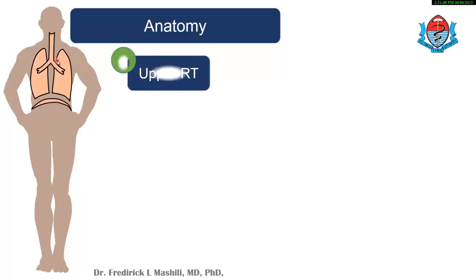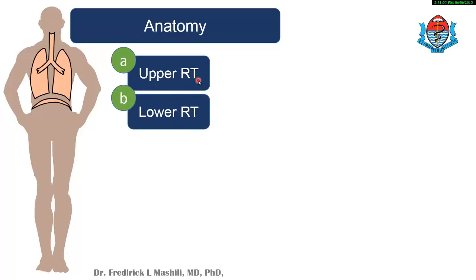Of particular importance, you need to be able to distinguish clearly between the upper respiratory tract and the lower respiratory tract. This is important because you are going to deal with either upper respiratory tract infection or lower respiratory tract infection, and you need to be able to distinguish the symptoms, the signs, and the different presentation of upper respiratory tract infection from lower respiratory tract infection.